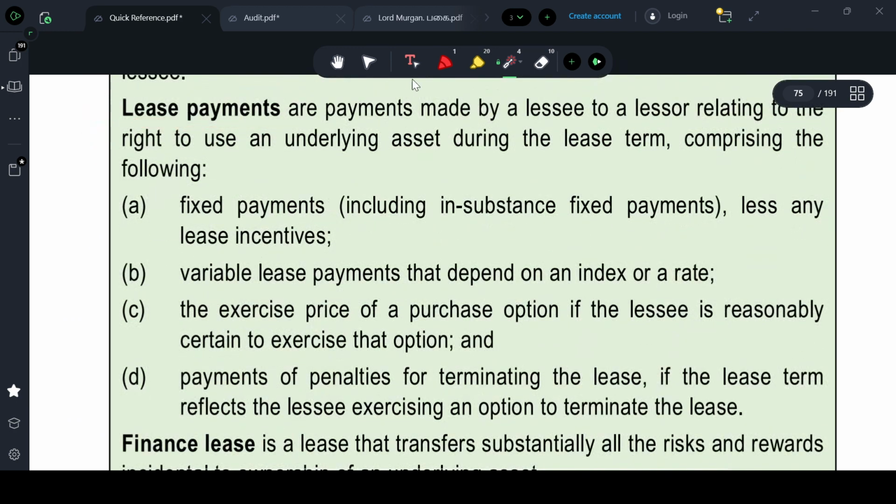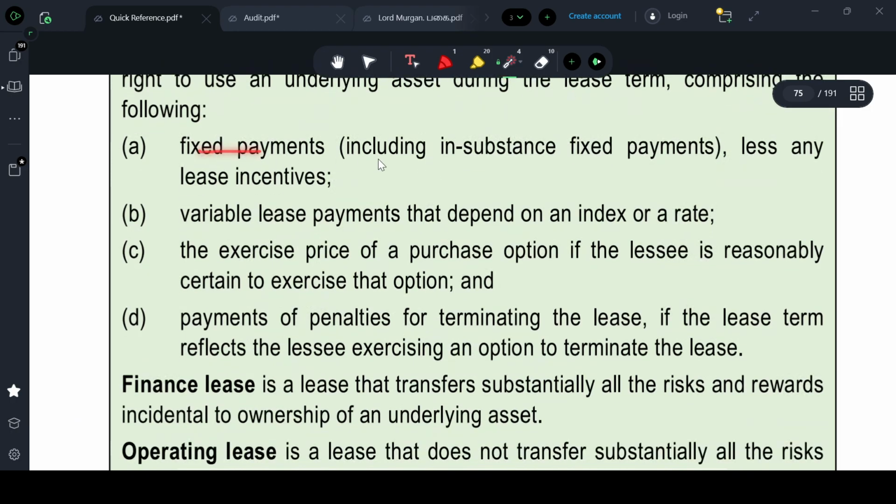Lease payment: a payment made by the lessee to the lessor related to the right to use the underlying asset during the lease term, comprising the following. Some consideration is involved for the right to use the asset. Fixed payment, including in-substance fixed payments, less any lease incentive. So every month this amount will be paid. Variable lease payment that depends on an index or rate.